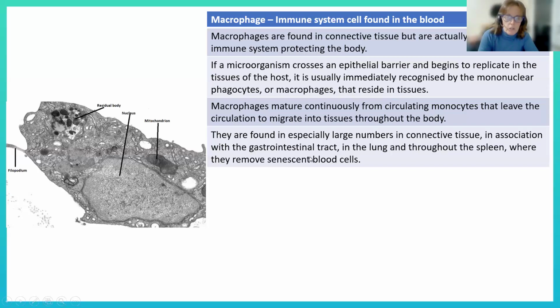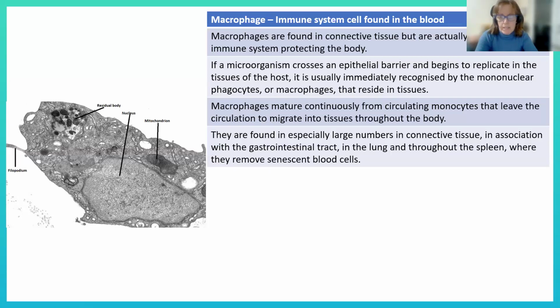But in the gastrointestinal tract and the lung, these are exchange surfaces. We're exchanging stuff with the environment. As I said earlier, in the lung we're breathing in oxygen, but also bits of pollen, bits of pollution, bits of bacteria. In the gastrointestinal tract, we're taking in food, but also whatever is on our dirty little fingers.